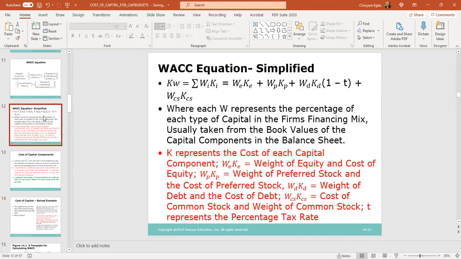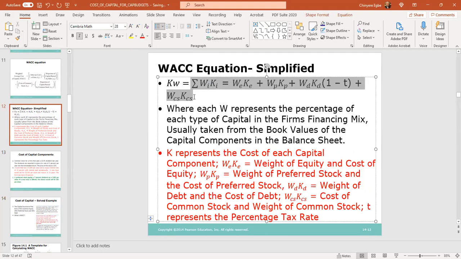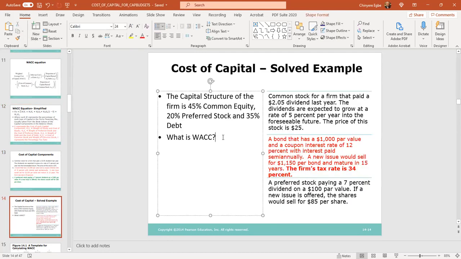So I'm going to take the formula here, and bring it over here. We're going to look at each of these components, and for this particular problem, we don't have 4 components, we only have 3. We have preferred stock, common stock, and debt. So we're going to take away one part.